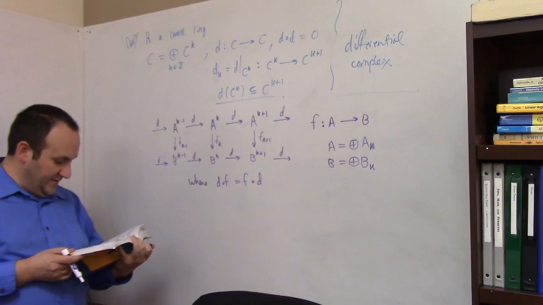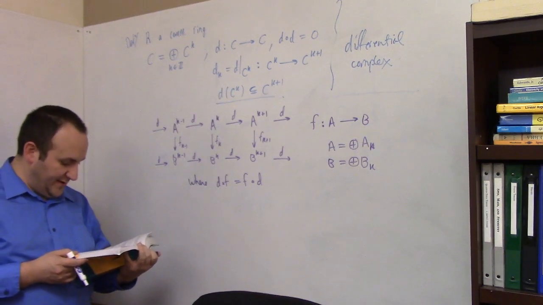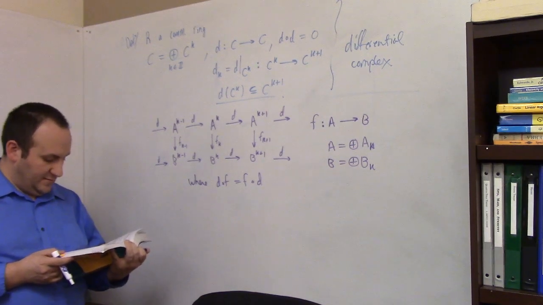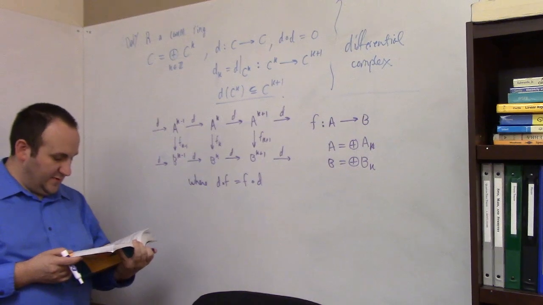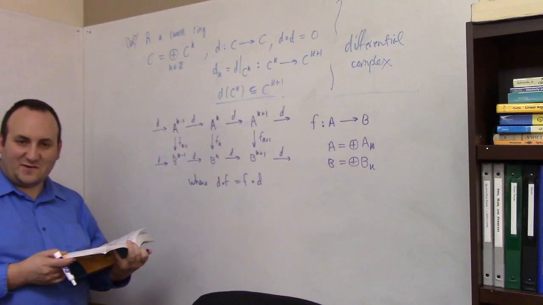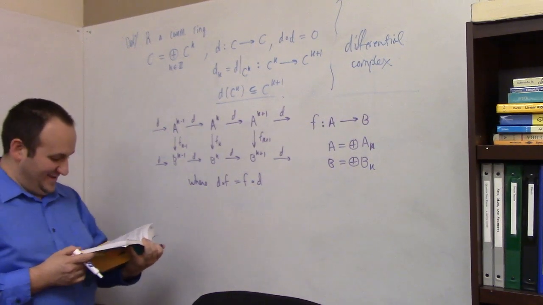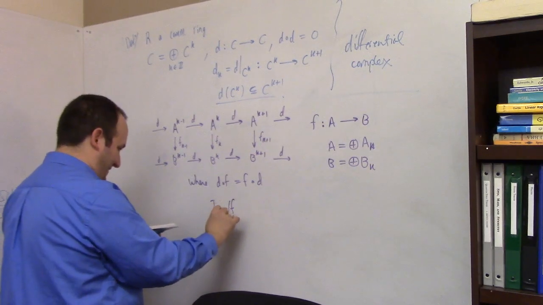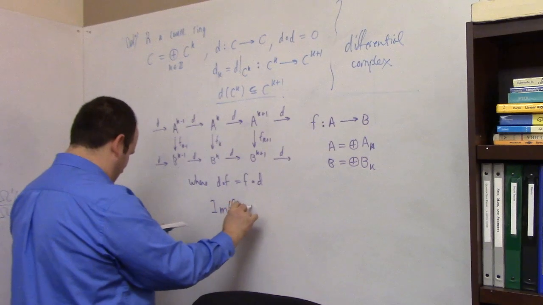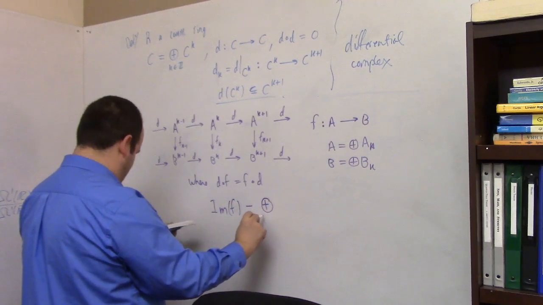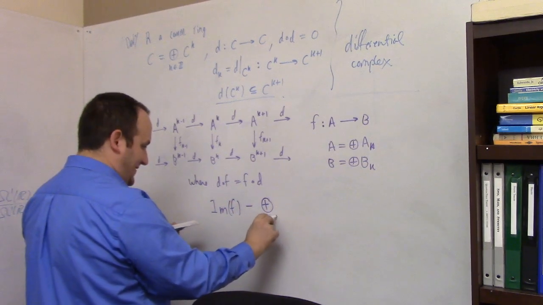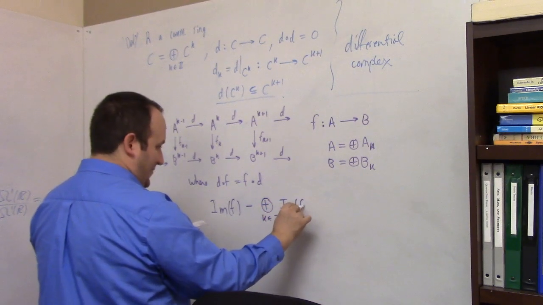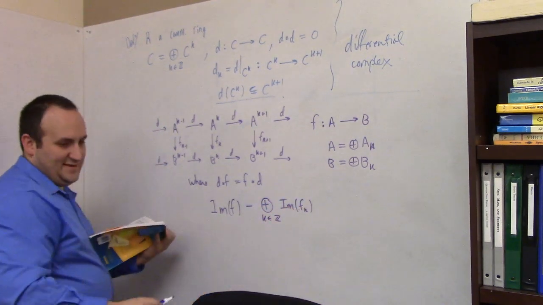He says, notice that if F goes from A to B as a chain map, then the kernel of F and the image of F are complexes. One problem with my printing is it changes equals to minus in some places. So in my book the image of F looks like it is minus the direct sum of the pieces.